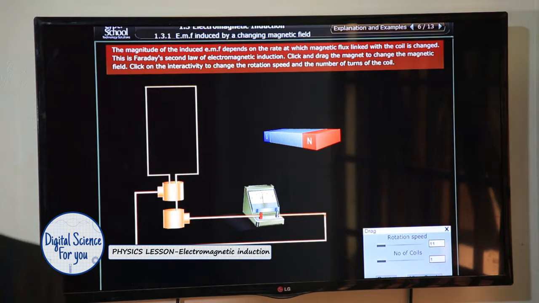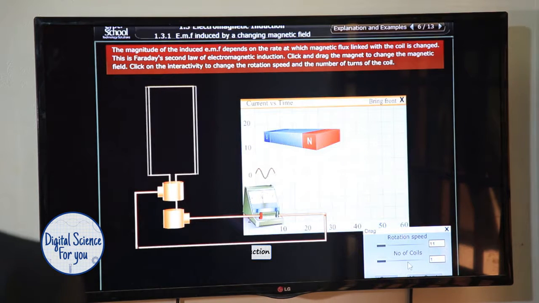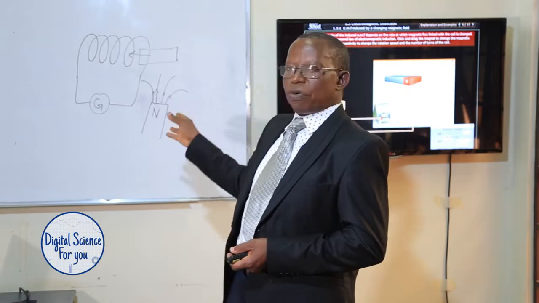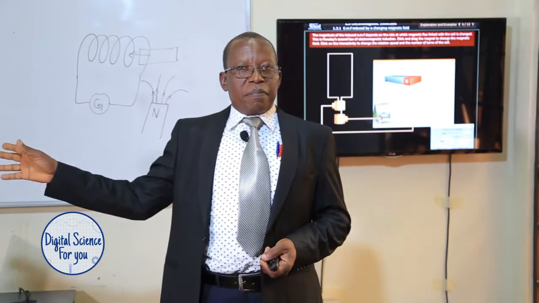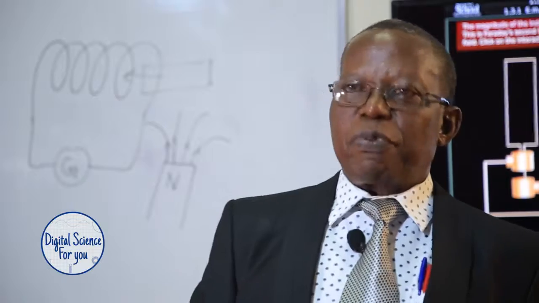So that is a way in which we can impart knowledge and interest into our students, other than boring them using the talk and chalk method, which is going to make them very disadvantaged, because you yourself as a teacher may find a problem in drawing diagrams on the board.